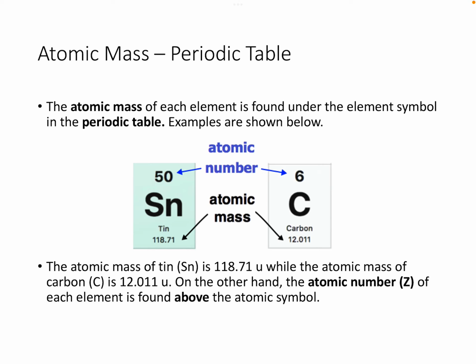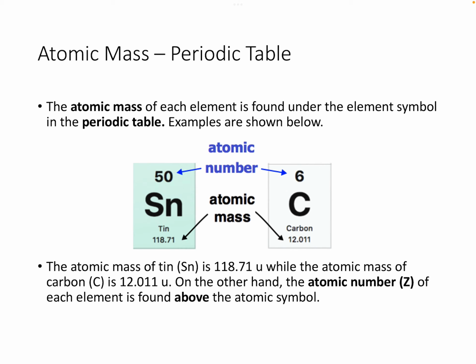Hello, in this video we are going to talk about electrons. Last time we talked about neutrons and we figured out how to calculate the atomic mass for an atom or an element, and that was based on the number of isotopes that the element has and what the mass of each isotope is, how abundant it is, etc. And we talked about how you can find that atomic mass right underneath the chemical symbol for the element.